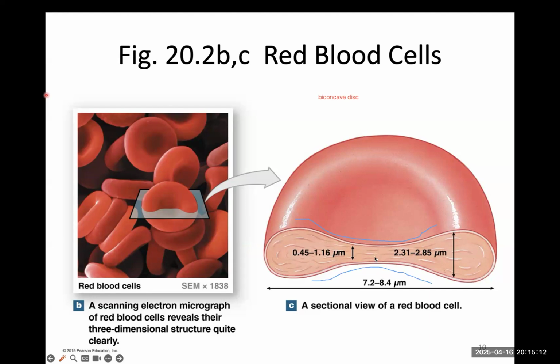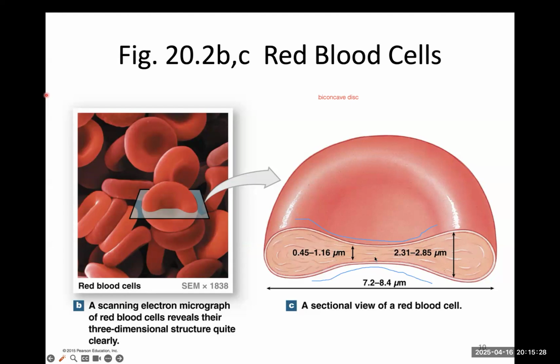Just two parts of it. Concave means the center is going to be really thin, and the function of this is to increase the surface area. Once you increase the surface area, oxygen and CO2 can get in there much easier, and that's the function of this biconcave structure.